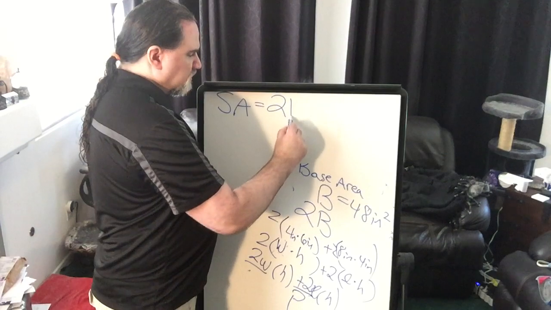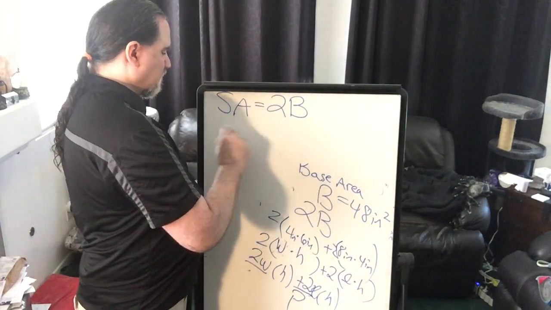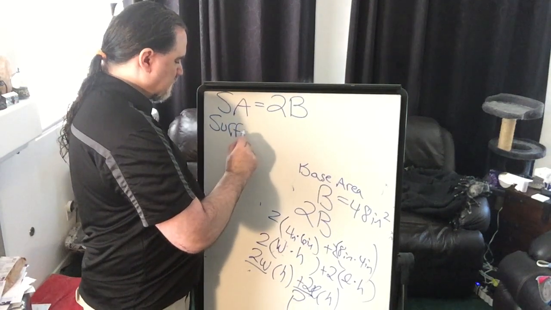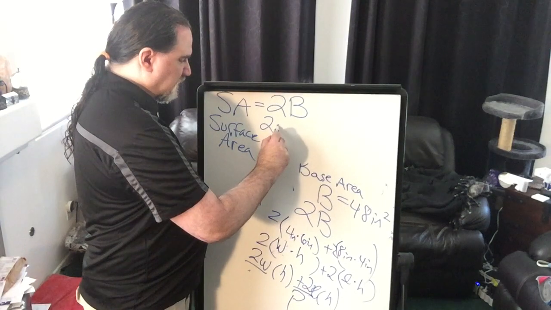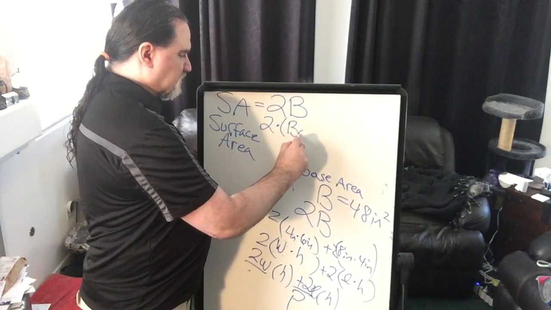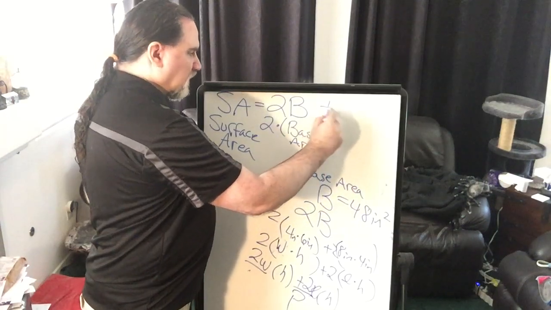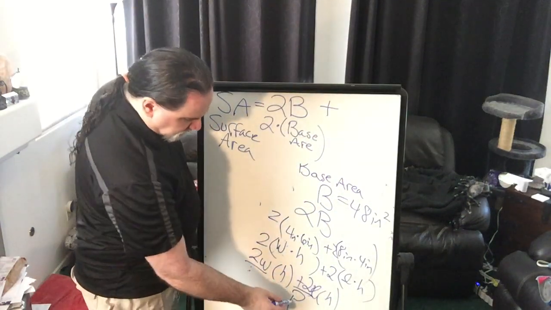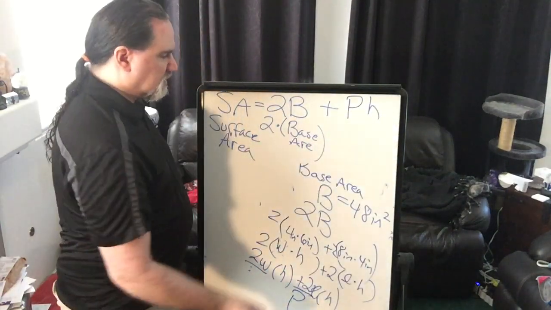Is 2 times the area of the base. Remember, capital B. Okay, so this is surface area equals 2 times the base area plus, we just found it was perimeter times the height of the prism.